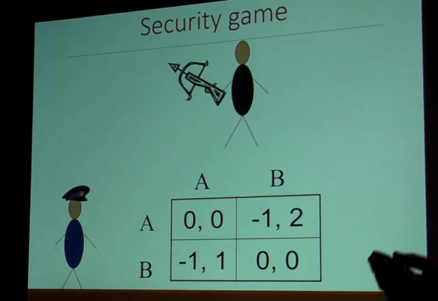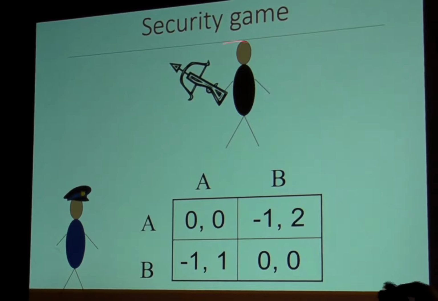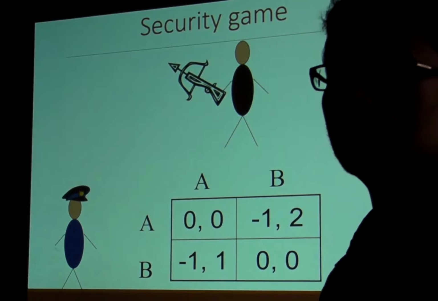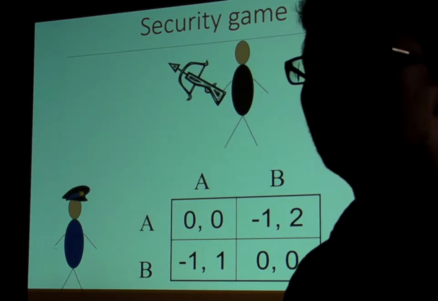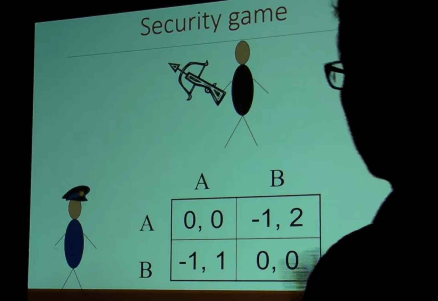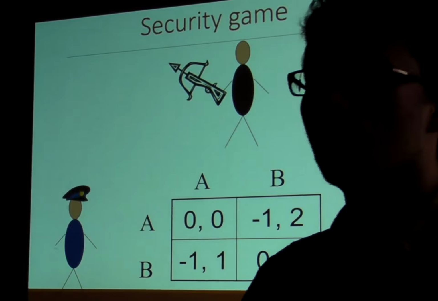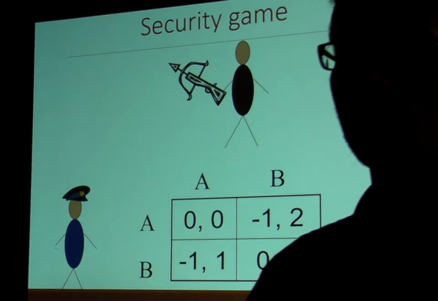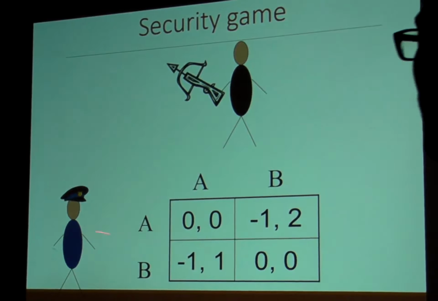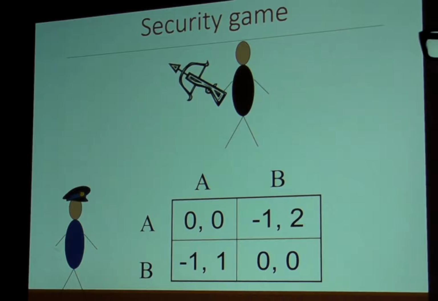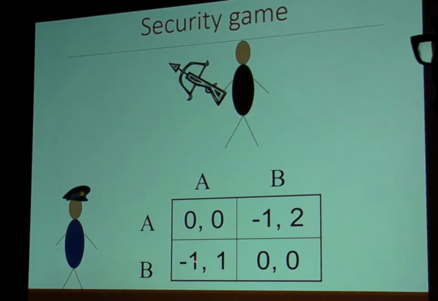And in this case, it can happen that the attacker can observe the actions of the police by long-term surveillance. So he would watch us for a month or two, and if we protect only A, the attacker will attack B definitely. If we protect only B, the attacker would attack A to get this outcome.